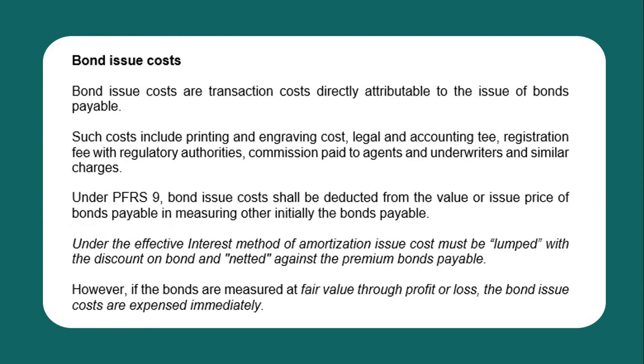So next is bond issue cost or the transaction cost. If the bonds are not designated at fair value through profit or loss, this transaction cost is deducted from the fair value. So what is bond issue cost? Bond issue costs are the transaction costs directly attributable to the issue of the bonds payable. Meaning, when you say directly attributable, the issuance of the bonds cannot be performed without this corresponding issue cost.